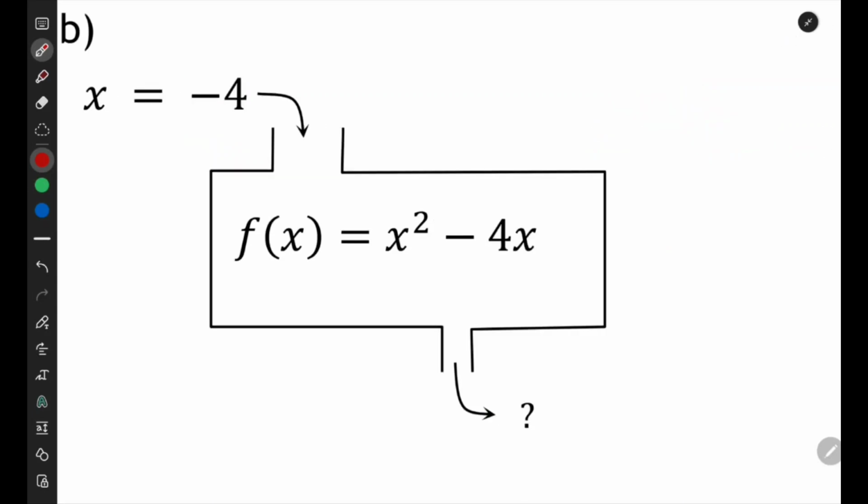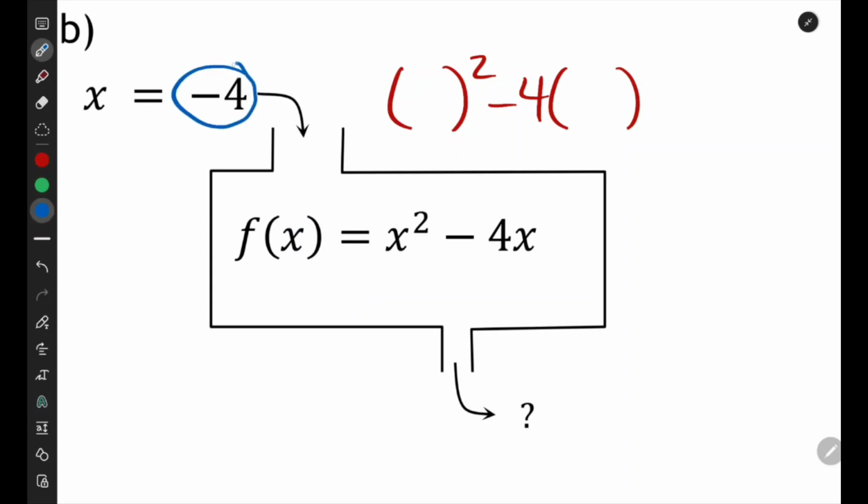For part B, we're given the function x squared minus 4. So here's a place for x to get squared, and then minus 4 times that same value of x. So we have two locations where we're going to be writing this number -4. One of them is here, and the other one is here. I really like doing it this way because now I can see clearly that what is getting squared is x, and x is -4.